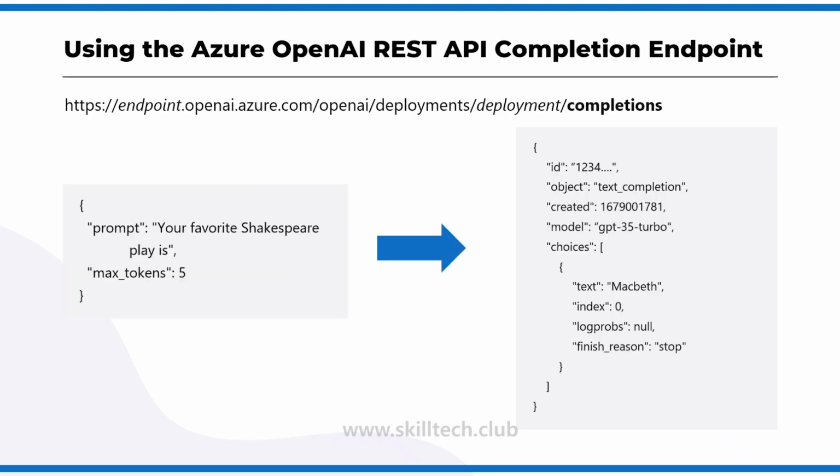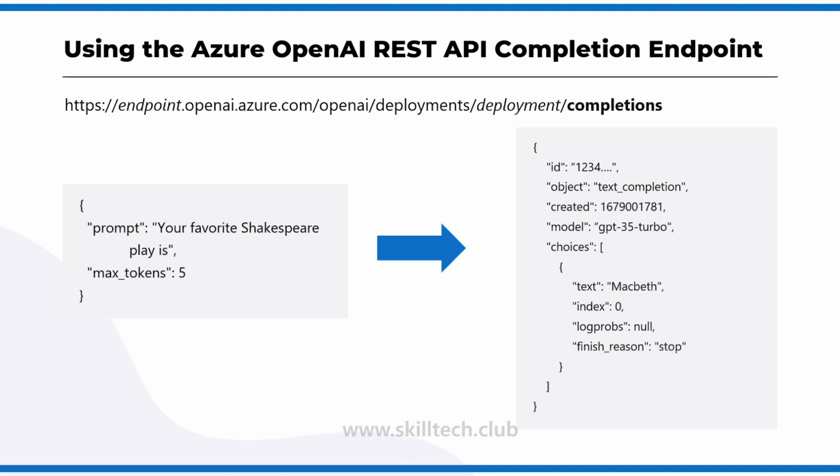As you can see here on the slide, if you are trying to request on the completion endpoint, the URL is going to be the base URL /openai/deployments, and then you choose a deployment, followed by completions. In the request, you send your prompt as well as the max tokens. The max tokens specifies the maximum number of tokens you are using for this prompt.